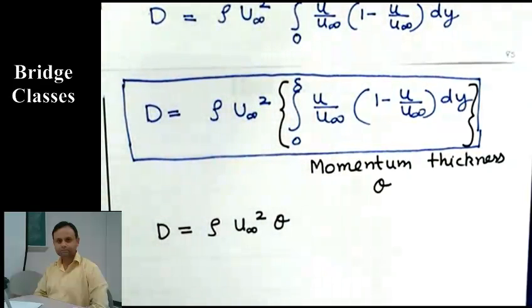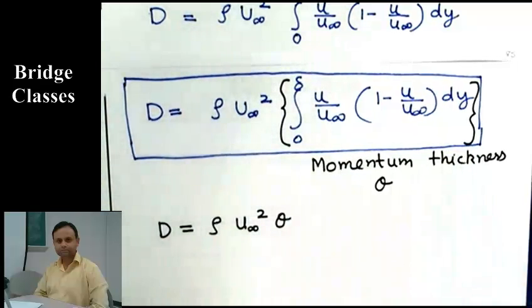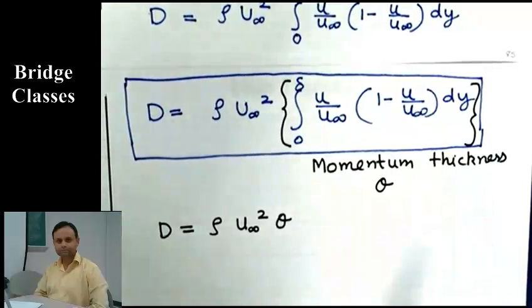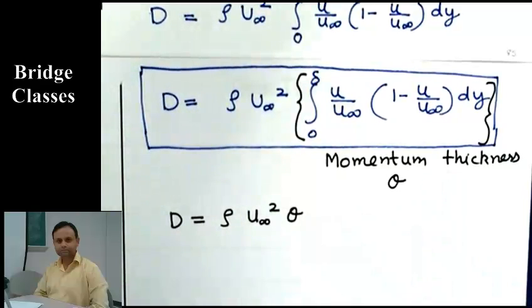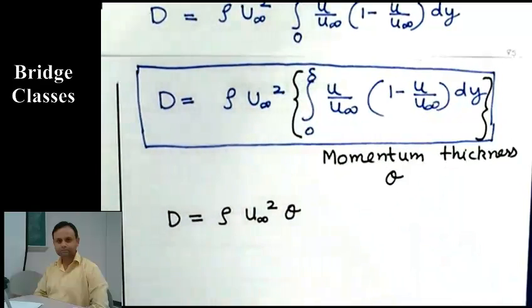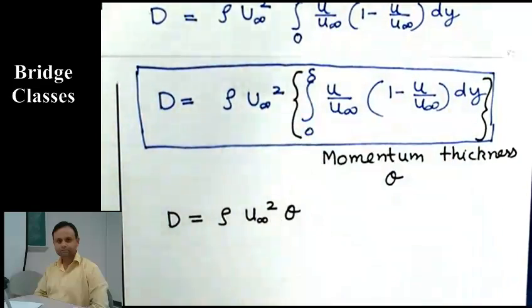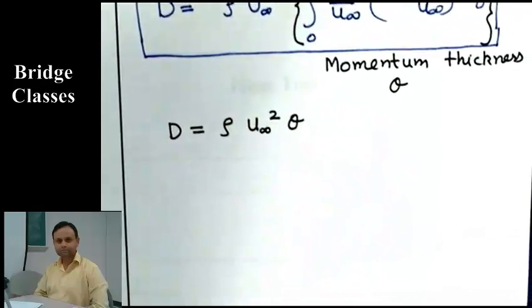It has to be reasonable in the sense it has to be 0 at the wall, u infinity at the boundary layer tip. Then integrate this expression and see what we get. You will get a result very close to the exact analysis, the Blasius solution. So this approach is very powerful. You are not actually solving the differential equation, but a very simple integral analysis and you will get it.